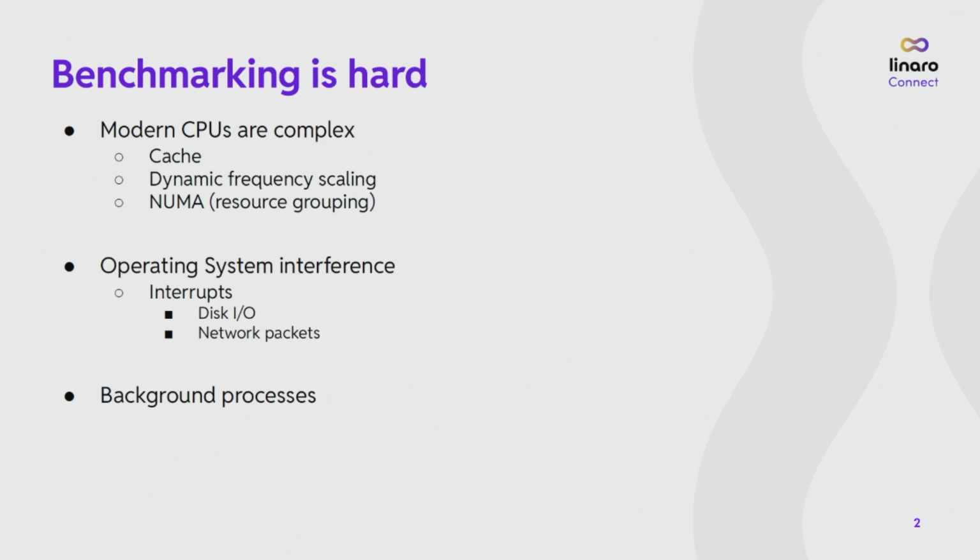Another thing present in some CPUs is non-uniform memory access, which means that some regions of memory can have an access time that is faster than other regions of memory. And all of this introduces possible variations in the measured times.